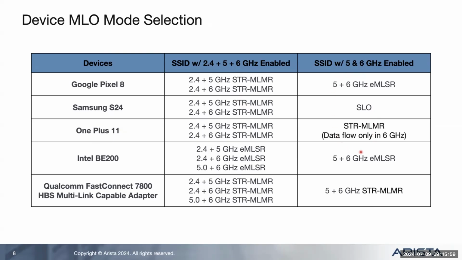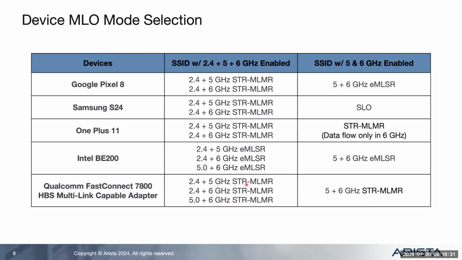But when we have 5 and 6, we see a mix of results. Some do EMLSR, some do SLO, and some say it is MLMR but data flow happens on 6. The last client is quite interesting, which is a Qualcomm FastConnect 7800. This is an HPS client with a multi-link capable adapter. So this was one of the clients.